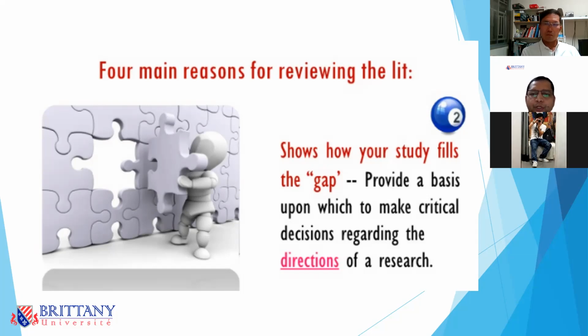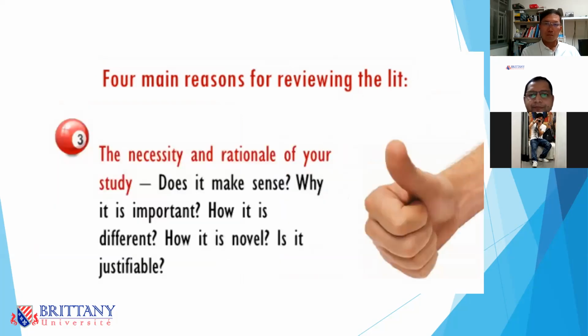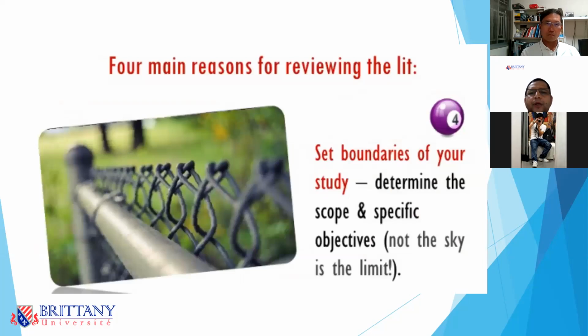Third, provide a basis upon which to make a critical decision regarding your direction of research: the necessity and rationale of your study. When you are explaining, you'll also be putting in your importance, rationale, and justification. Fourth, set the boundary of your study and determine the scope and specific objectives. Because in chapter 1, you already put your objectives, very clear, three or four or five objectives.